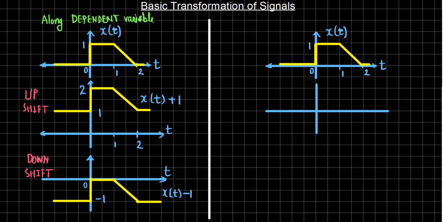As we are shifting this signal leftward by 1 unit, instead of starting at 0, it will start from -1, just because we are shifting the signal leftwards by 1 unit. Therefore, this will begin from -1, so somewhere here.